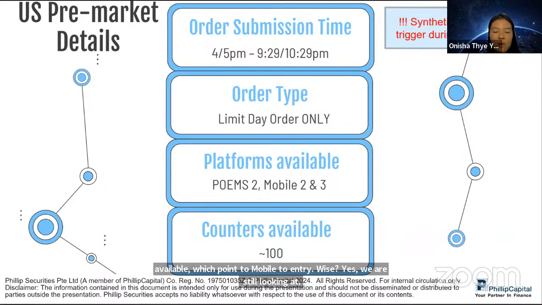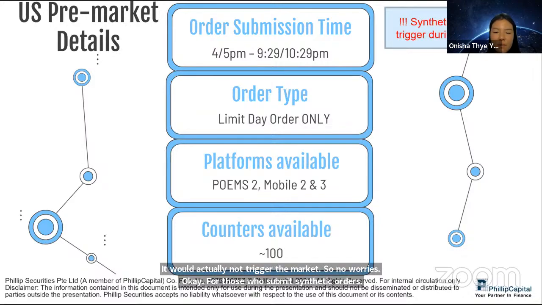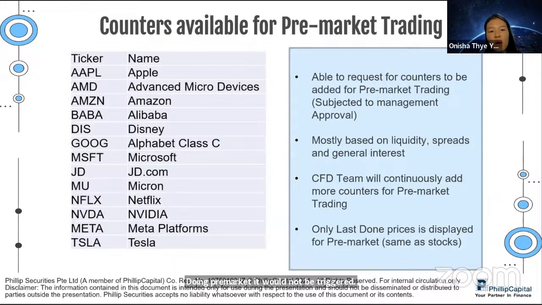Counters available now are around 100. Do note that synthetic orders will not trigger during pre-market, so no worries if you submit synthetic orders during pre-market, they will not be triggered. Counters available at pre-market include a few very popular ones, Tesla, Apple, AMD and all.